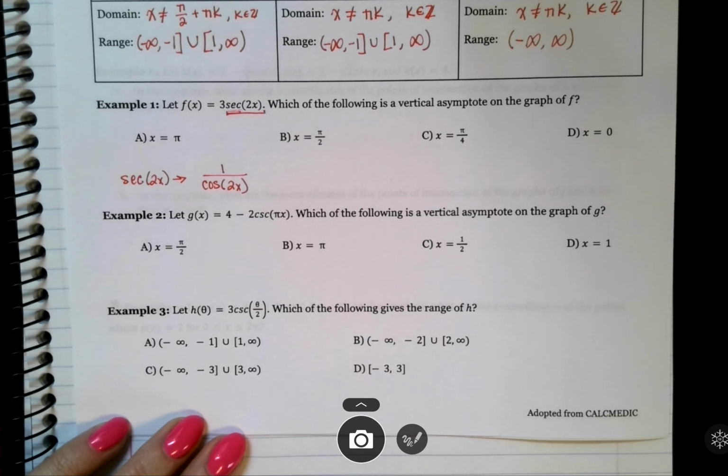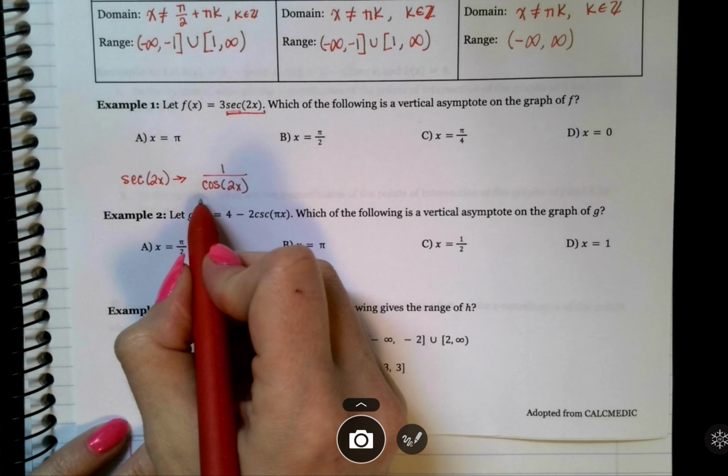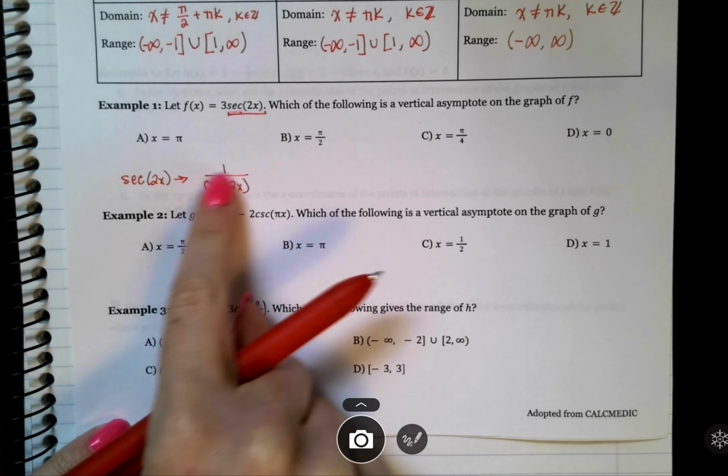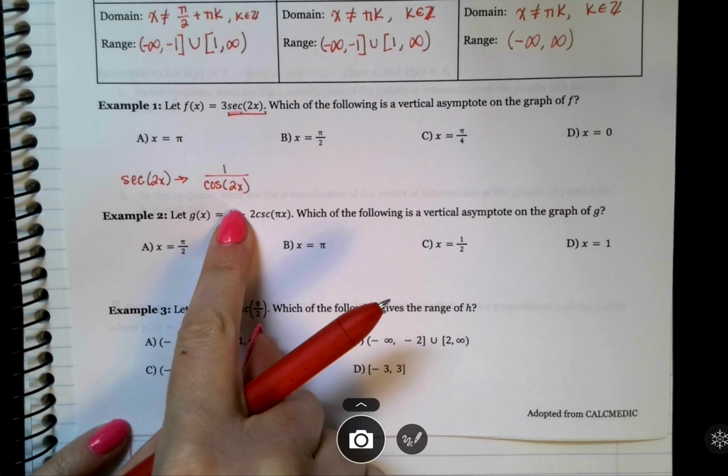The part that's going to tell me about my vertical asymptotes is the part that's in my denominator, and because I can rewrite it like this, I can see what's in my denominator. Well, now I know that whatever's in my denominator cannot be equal to 0, so I'm going to set it equal to 0 to figure out where those values are. So I know that I have some vertical asymptotes at cosine of 2x equals 0, and I can go ahead and solve this.